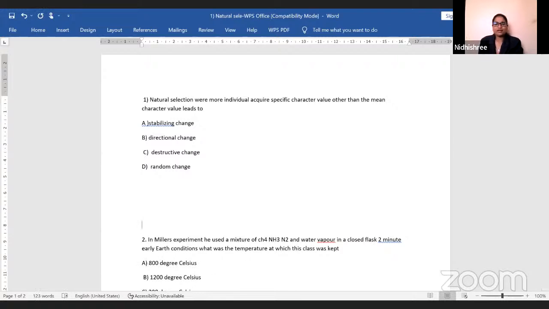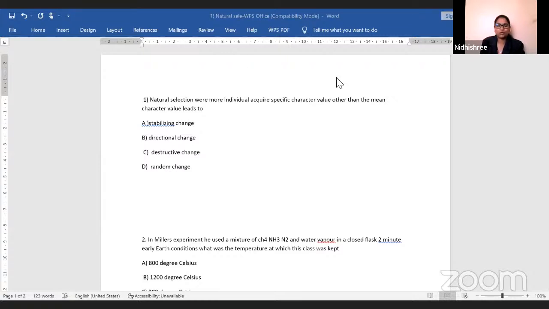Natural selection where one minute until I read all the complete question and all the options. After 5, 4, 3, 2, 1, whichever answer comes, that answer I will consider, and that person will be considered the winner. You are confusing yourselves and answering too quickly, it will not create interest.